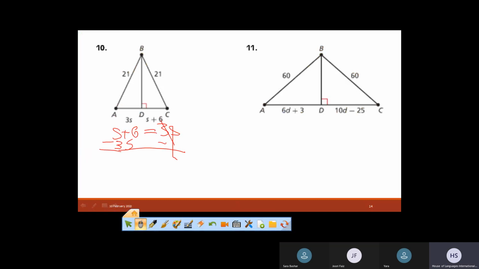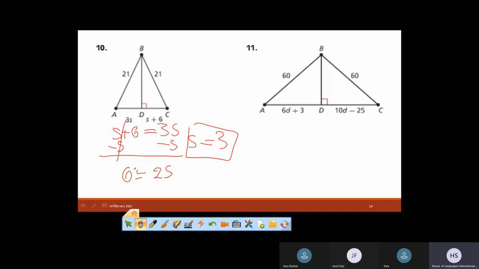Remove it. 6 equals what? 3x minus S. 2x equals 6. Divide by 2. Bravo. But just 2 minutes, okay? So S equals 3.